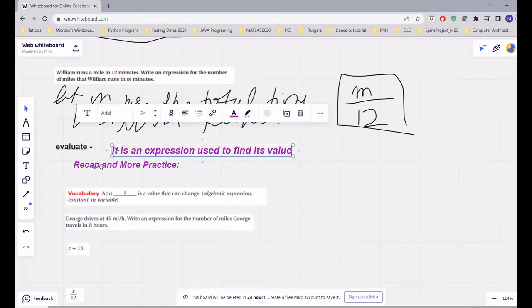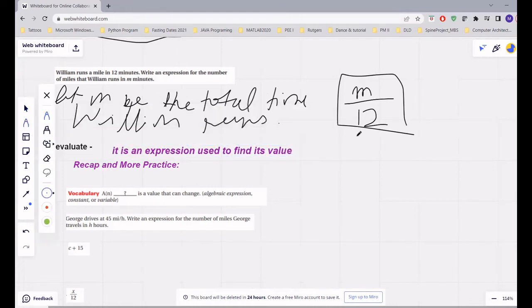To evaluate an algebraic term means to substitute numbers for the variables in the expression and then simplify the expression. So when we say evaluate this expression, for example, this one, and let's say n is 1.